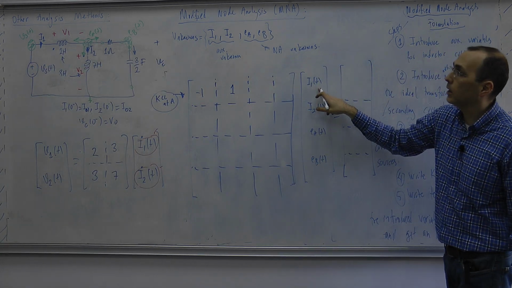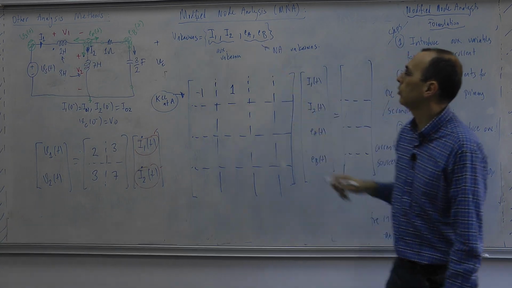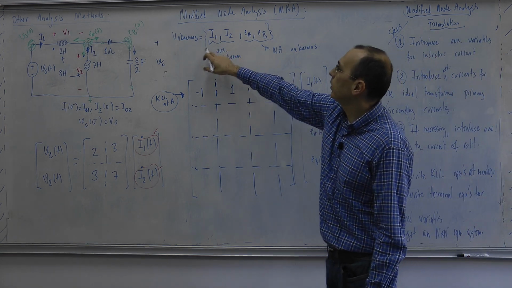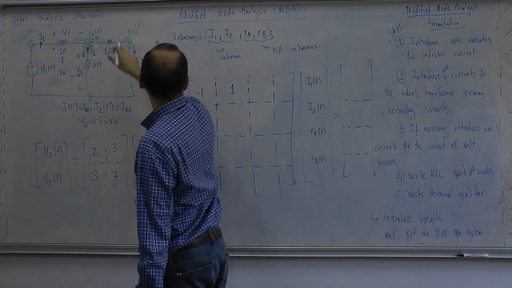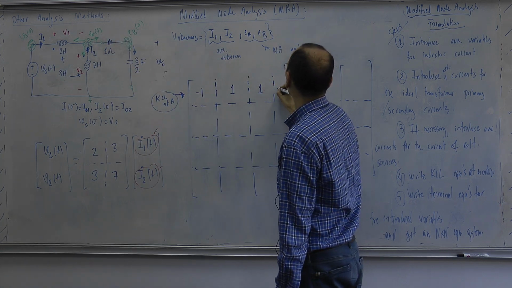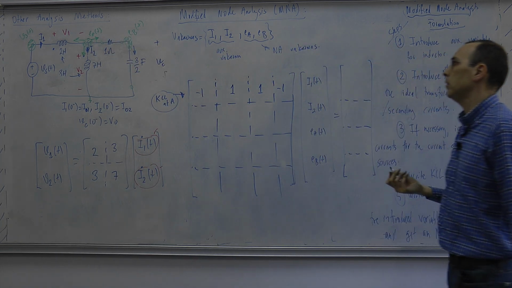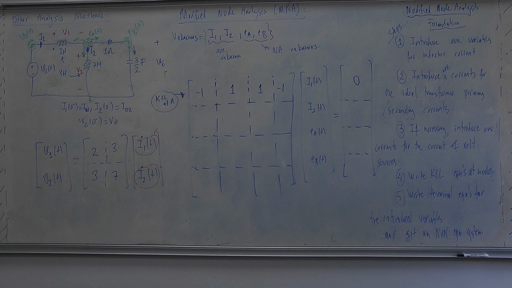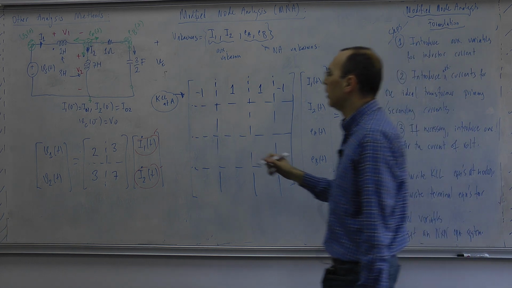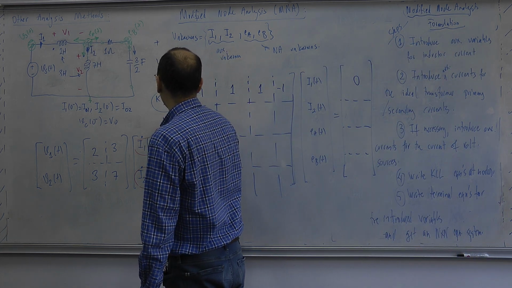But right now in the KCL part, now I have 4 unknowns instead of 2. So I can directly write minus I1 plus I2 plus EA minus EB divided by 1 is equal to 0. Okay? Am I right? That is it. That's KCL at A. Okay, it was quite easy.